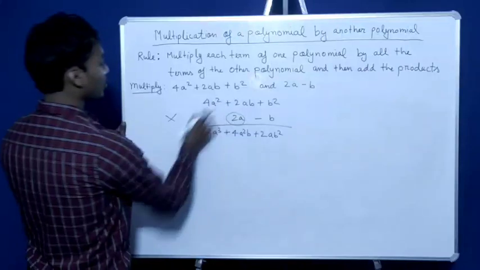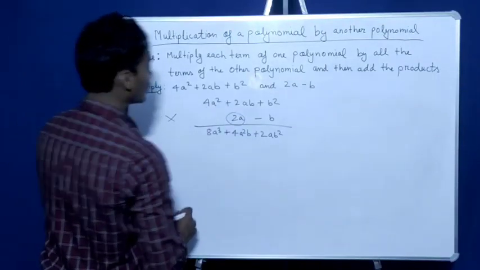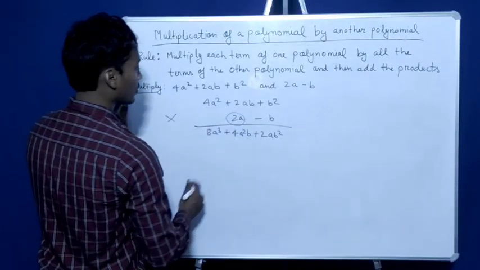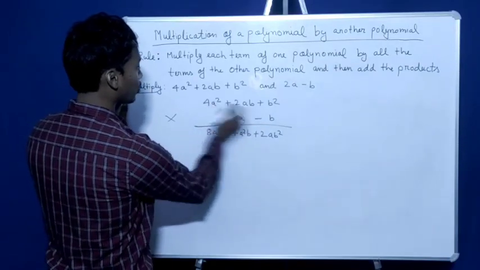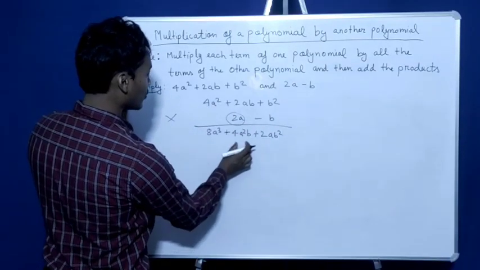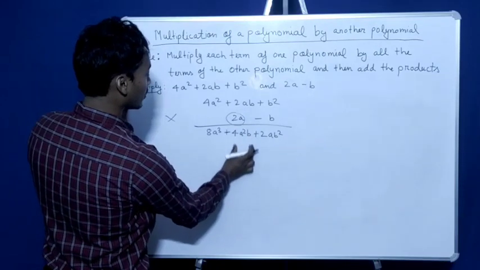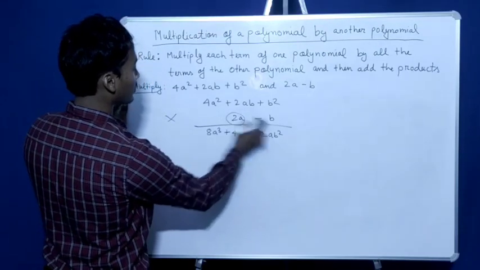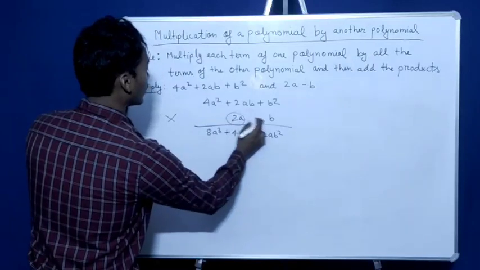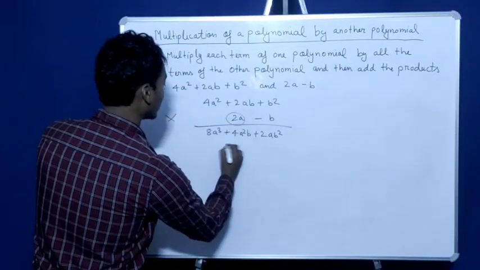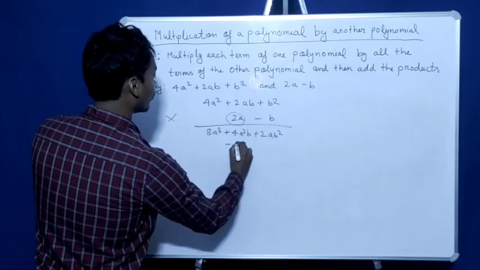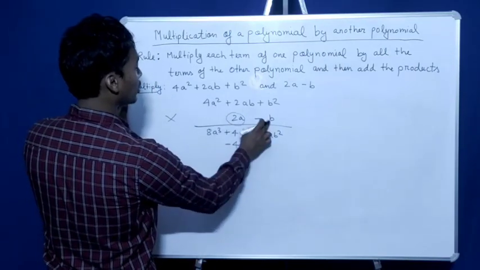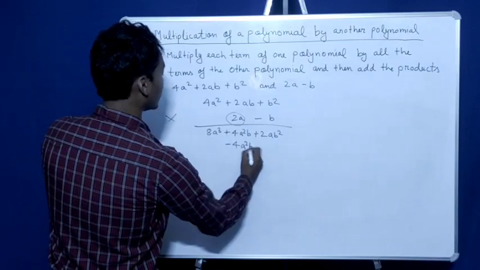So negative b times 4a square gives negative 4a square b. Now where is the a square b variable coefficient? Here. So the like terms will be written here, right? A negative and a positive will give you a negative sign. 4 times 1 will give you 4, a square into b, a square b.